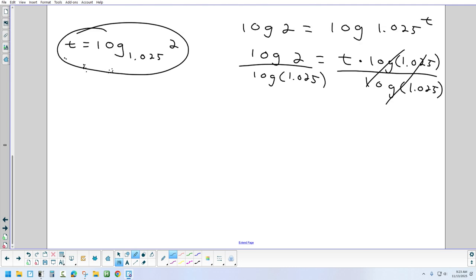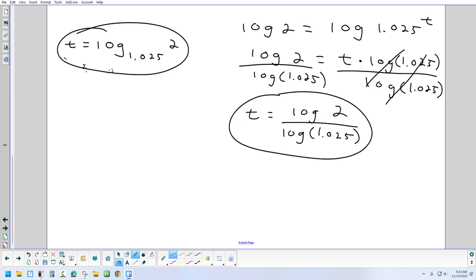Now we have t equals log 2 divided by log 1.025. And when we took the log of both sides, what base did we assume? Because I didn't write it. Yeah? 10. And 10 is a log we have a button for.